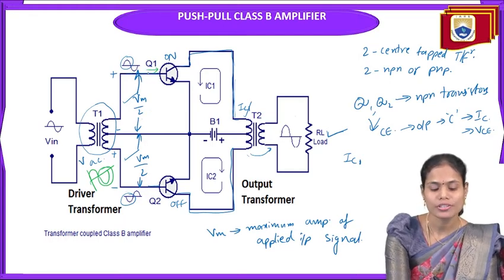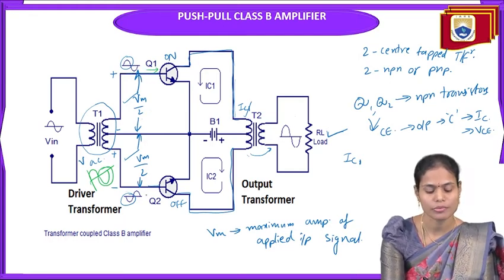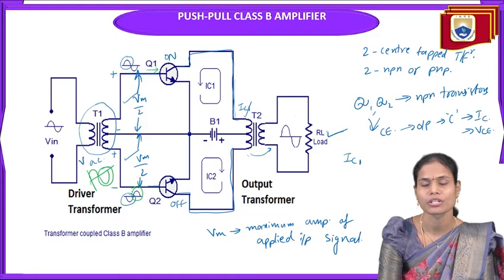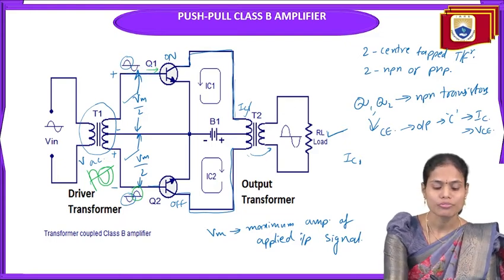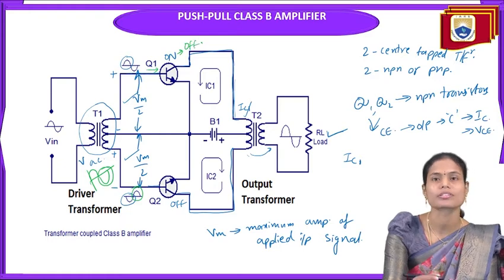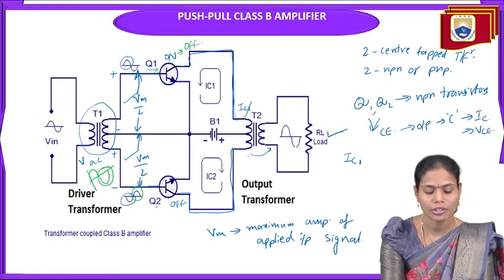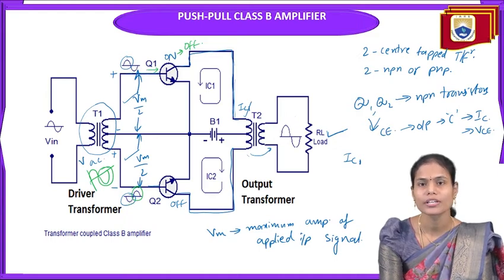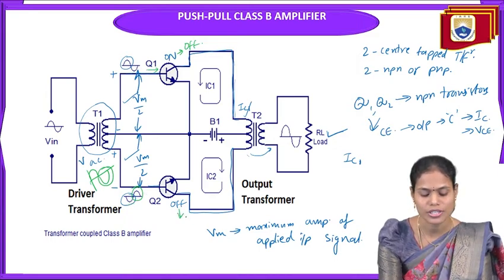So if it is the negative half cycle for the first transistor, obviously for the second transistor it will be the positive half cycle because of opposite polarity. Once we provide the negative voltage to the first transistor, it goes from on to off state. And similarly for the second transistor, once the voltage changes from negative to positive, it changes from off to on state.